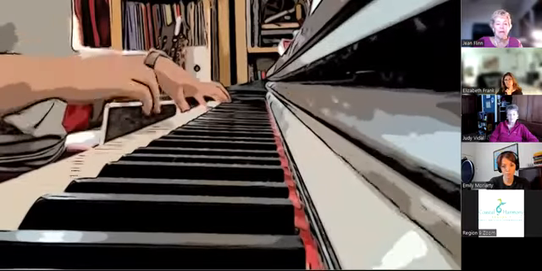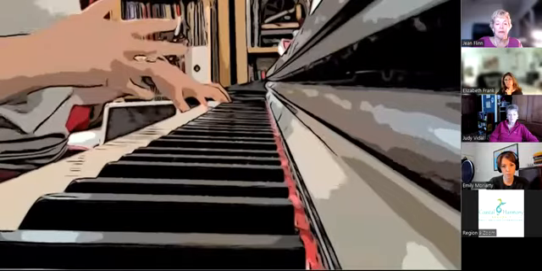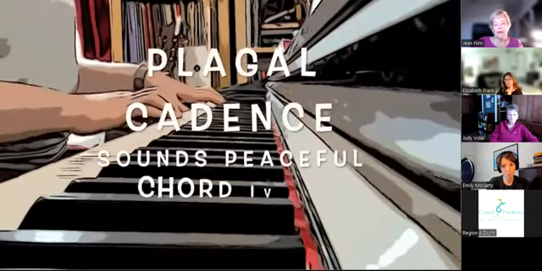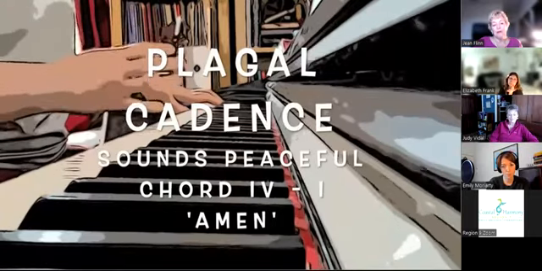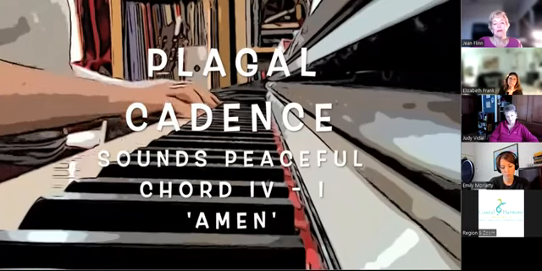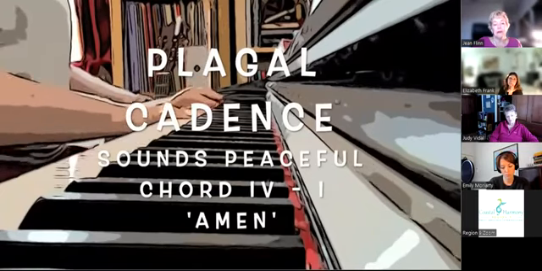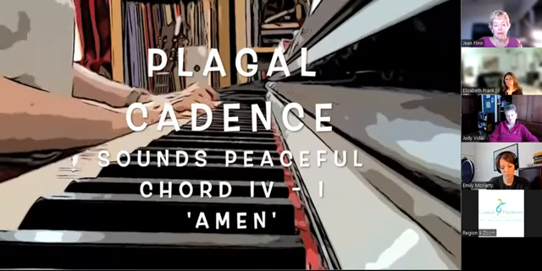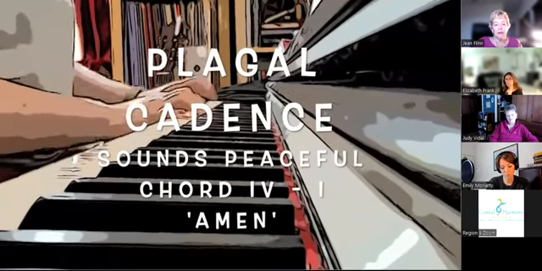Another one of our complete cadences, one that sounds as if it is finally resolved and you don't need anything else, is called a plagal cadence, and that is chord 4 to chord 1, sometimes called the Amen cadence. So it sounds something like this. Amen. So that's chord 4 to chord 1.